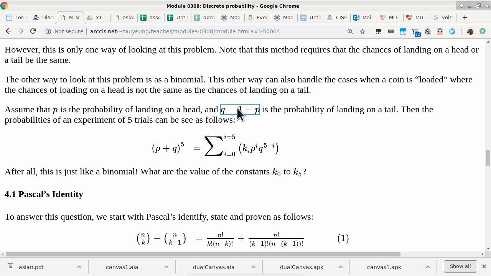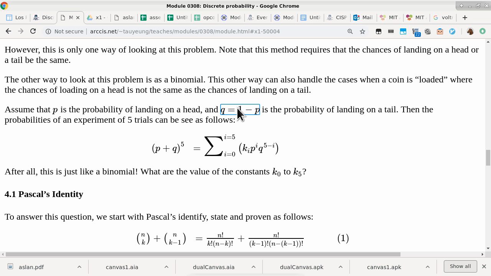But those two added up should be 1, assuming you cannot land on the edge and have it stand on the edge. So are we okay with this equation here? P is the probability of landing on the head, Q is the probability of landing on the tail, and the relationship between P and Q is P plus Q equals 1, because it has to account for all cases. Is that good? Okay.